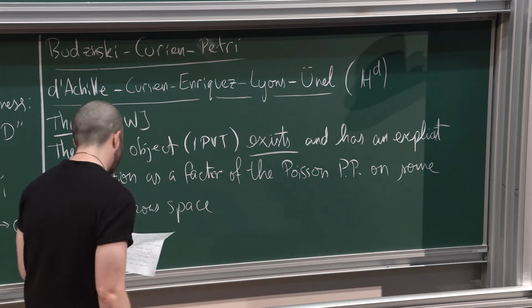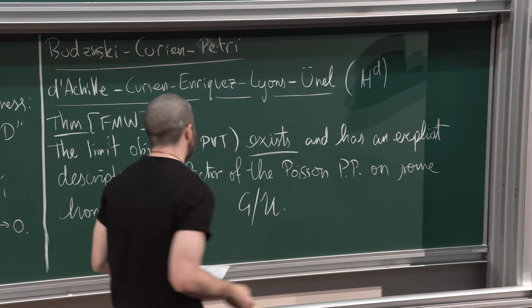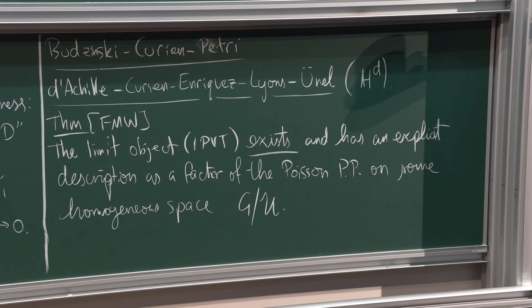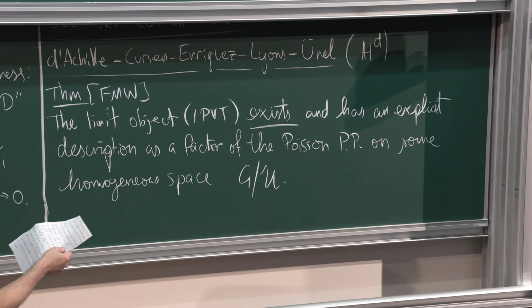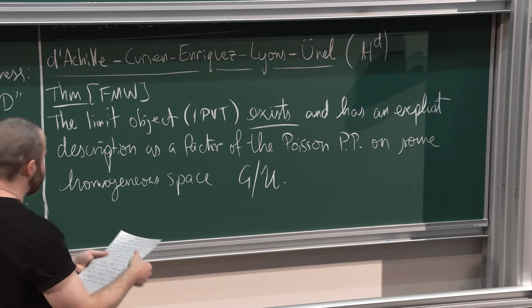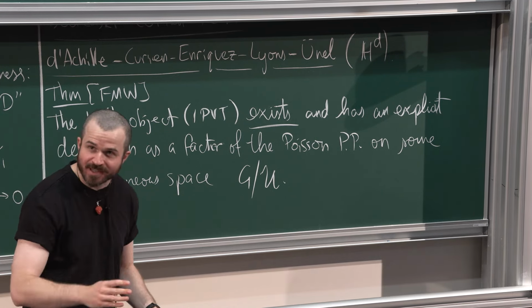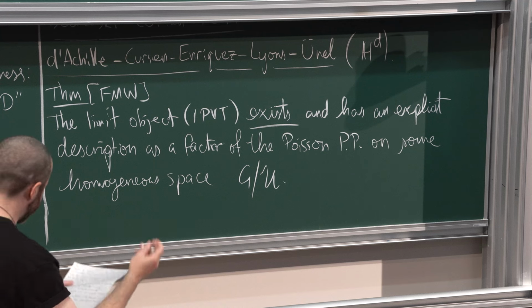Okay, and here's where I create some controversy, but blame Mikolaj. G mod U. This U is maybe not the U that you're thinking of. Let me tell you what this thing is. I have been asking the various experts who are familiar with these things what I should be calling this, what would be a better letter, what would be a better name. I don't know.